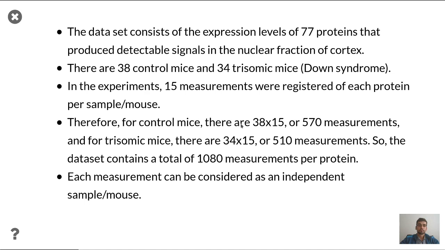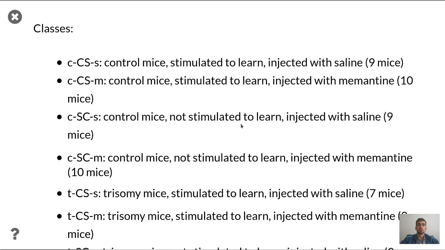And we have several classes within this data set. Actually we have two types of mice: control, or healthy, normal, and trisomy mice. It's kind of the analog of Down syndrome.